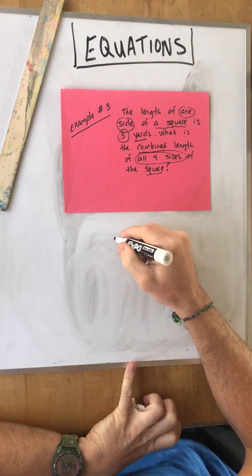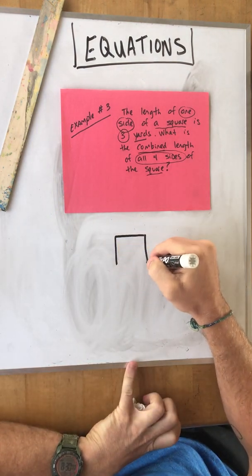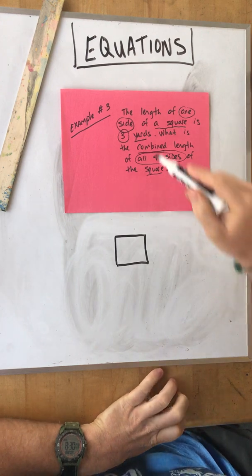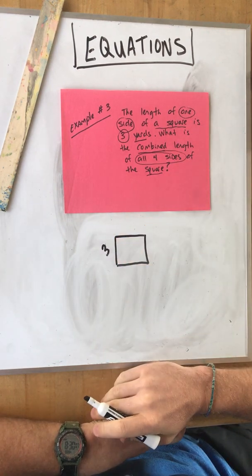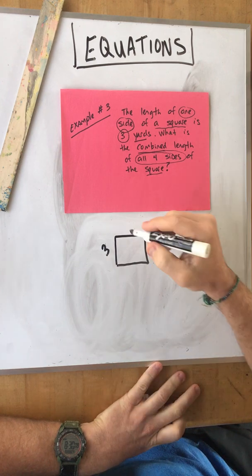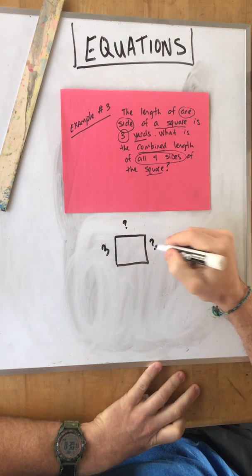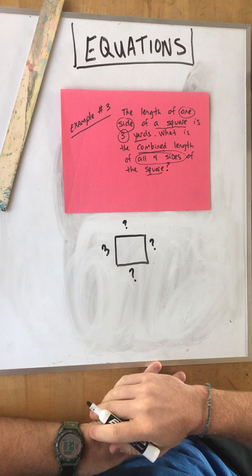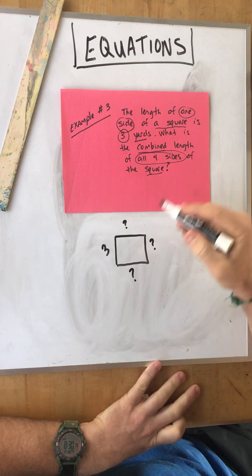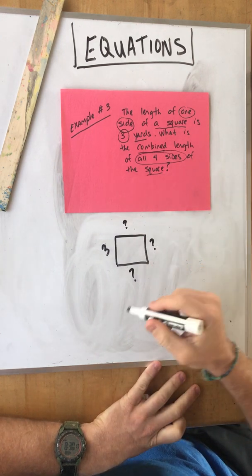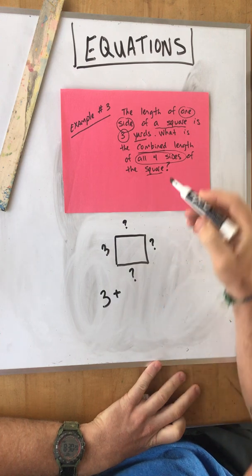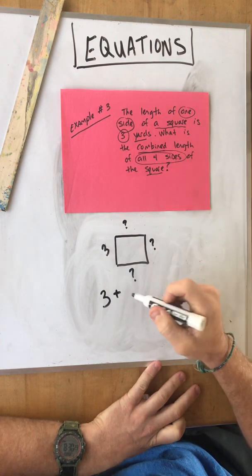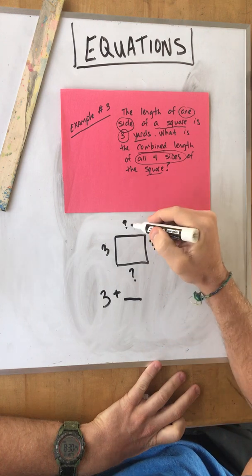All right, the square. The length of one side is 3 yards. What is the combined length of all 4 sides? A square. Remember, a square means that all sides are equal. So we know that 3 combined, we're going to add plus side 1.